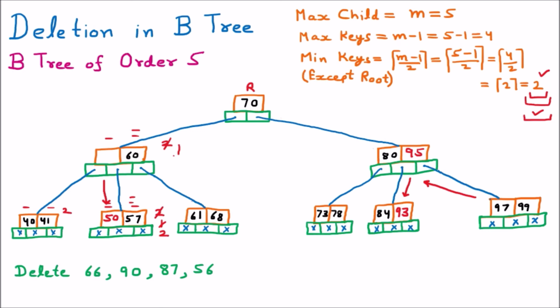On the right hand side, 61 and 68, again there are two keys. So if I take one key from here, again there will be a problem because the condition will not be fulfilled. So that means from 40 and 41 we cannot take any node, and also from 61 and 68 we cannot take any node.